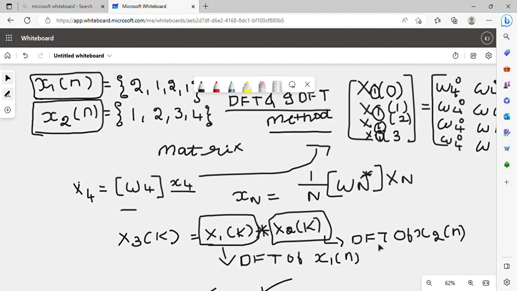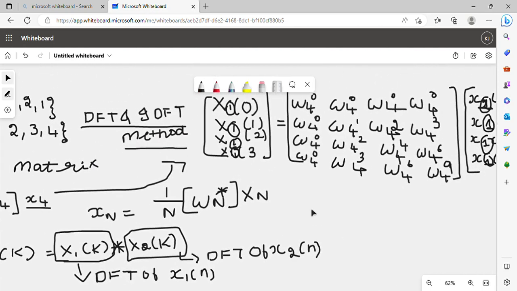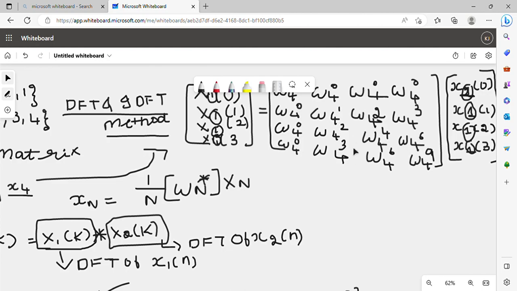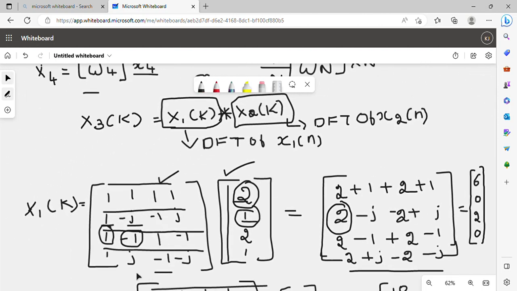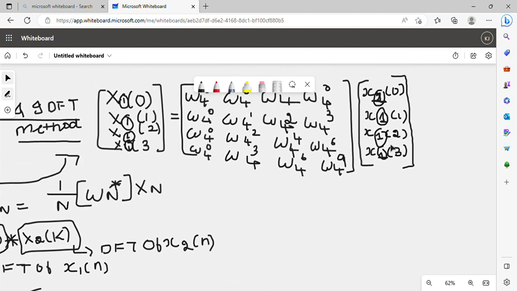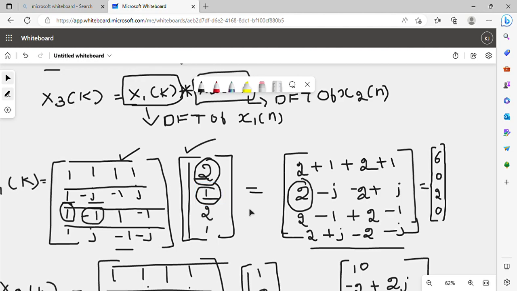You write this formula, then to find the DFT of x1 of n, you simplify it, write your omega matrix equal to this particular matrix, and then this whole x1 of 0 is equal to this, and then you multiply.